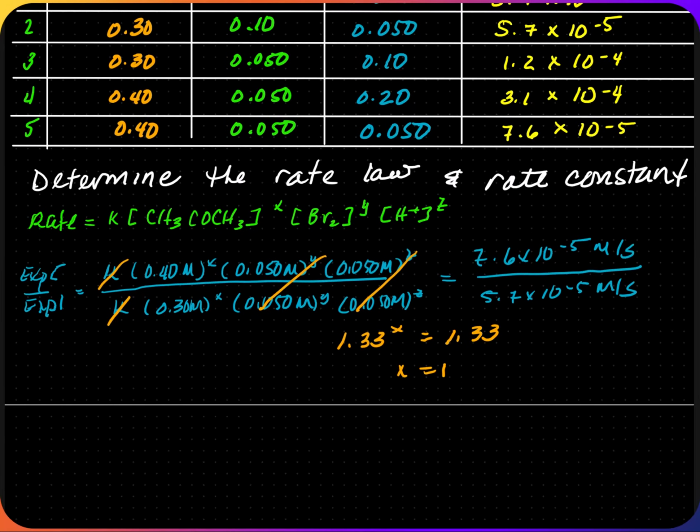Or if you want to use the log, this will be log 1.33 equals X. Since it's not base 10, we have to rewrite it. So this is log of 1.33 over log of 1.33. If you notice, that's equal to 1. You can also plug it in. You'll still get the same answer.